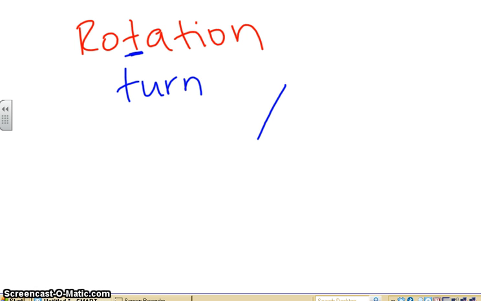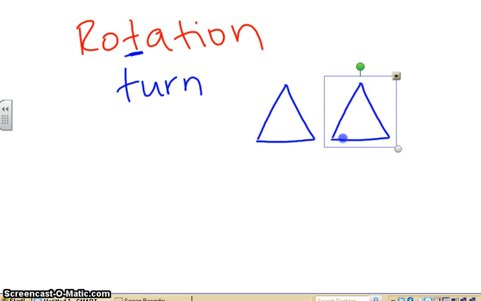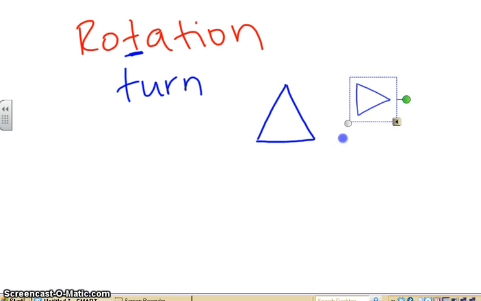So let's take that triangle that I had earlier, and when I'm going to rotate it, I'm going to take that triangle and I'm going to turn it. And there's my rotation. You see it's the exact same triangle and all it did was turn. This, again, just like before, would not be a rotation because that is a different shape. They're different sizes, so we cannot say that one transformed into the other.